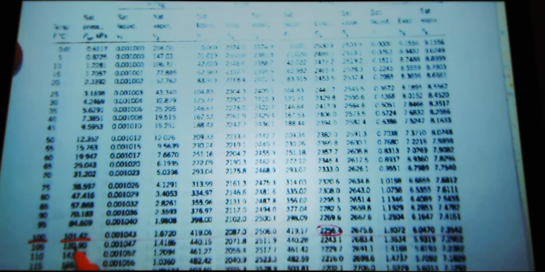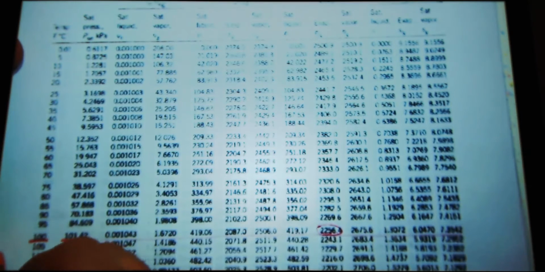We always say at atmospheric pressure, water boils at 100, but really it's slightly different. If I have water at 100 degrees, the pressure associated with boiling is this, which is 1 atmosphere.